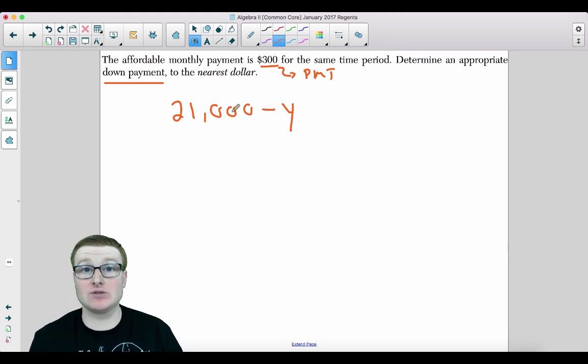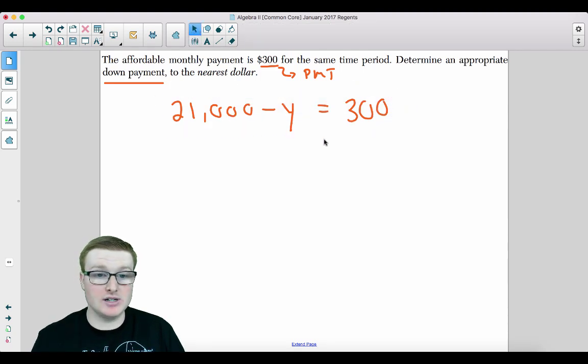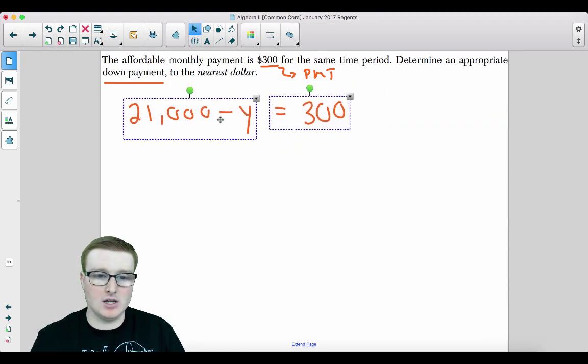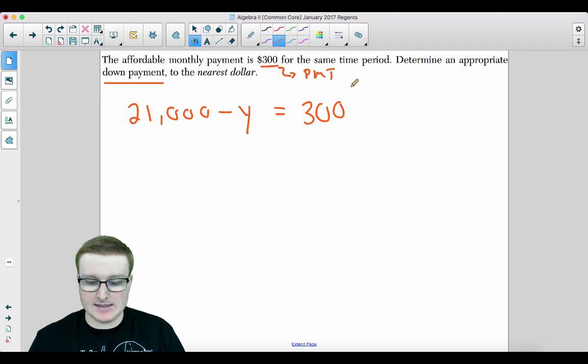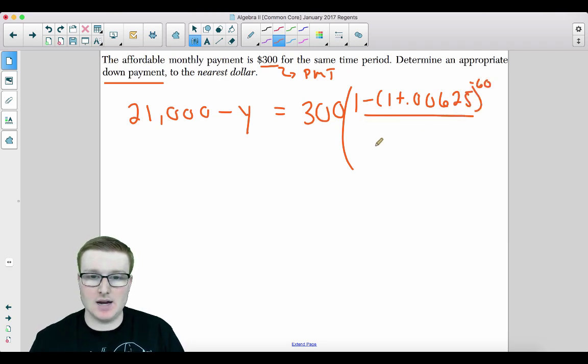So $21,000, which is the original price of the car, minus the down payment that they make, equals the monthly payment that they want, which is $300, times 1 minus 1 plus 0.00625 raised to the negative 60th divided by 0.00625.